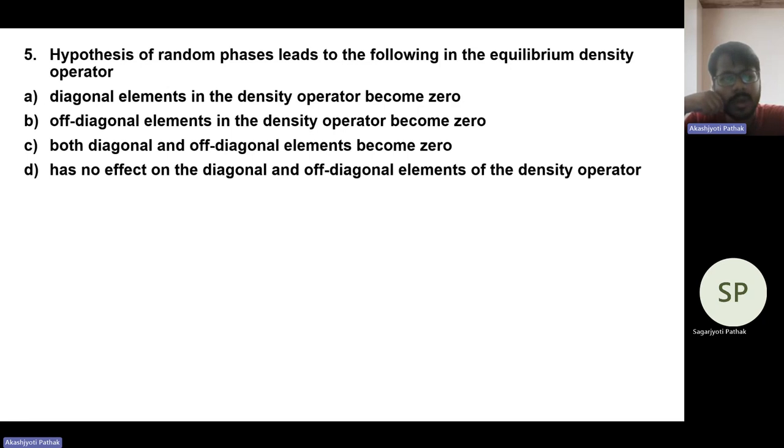Just now we saw what will happen. Think about this question, read it again and then try to answer.